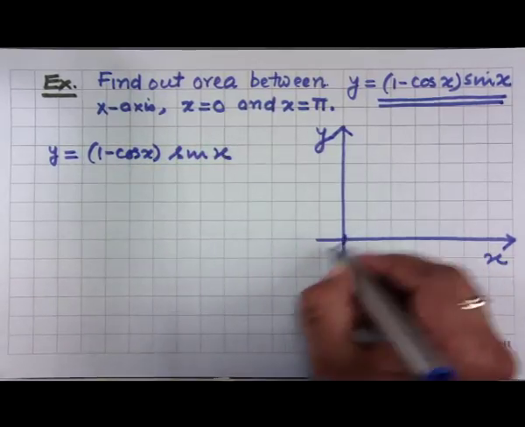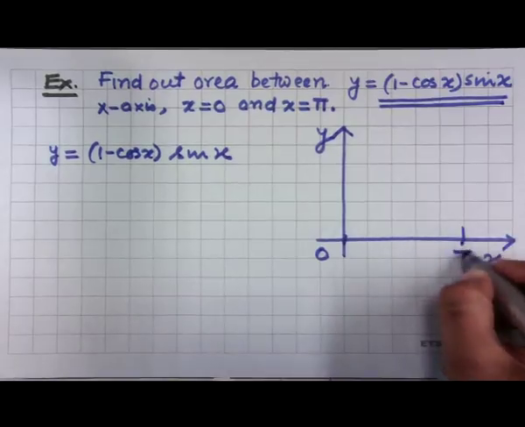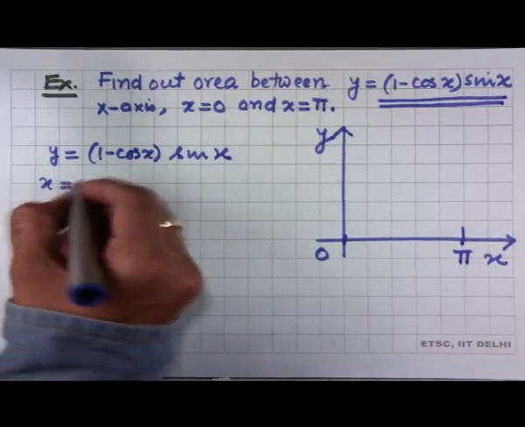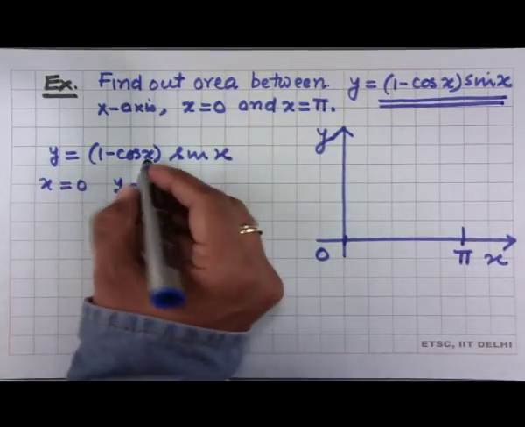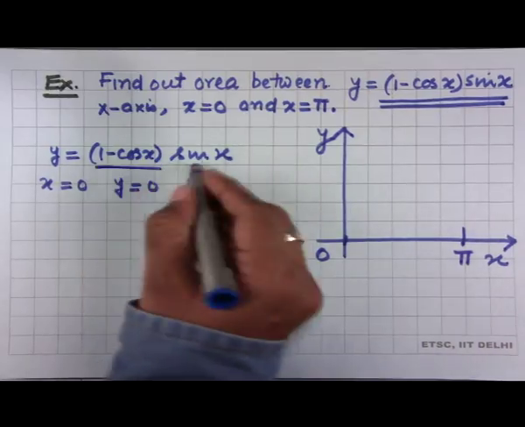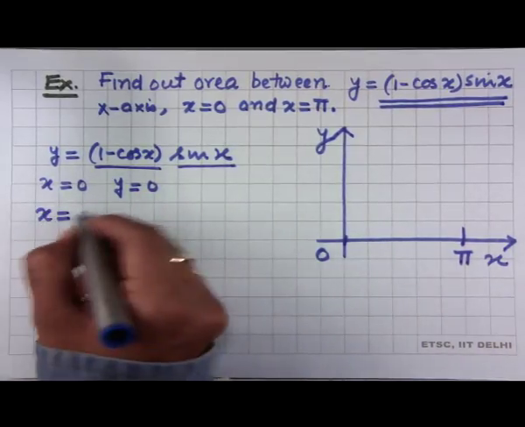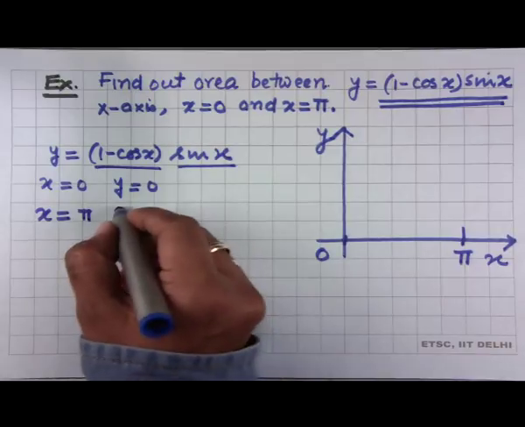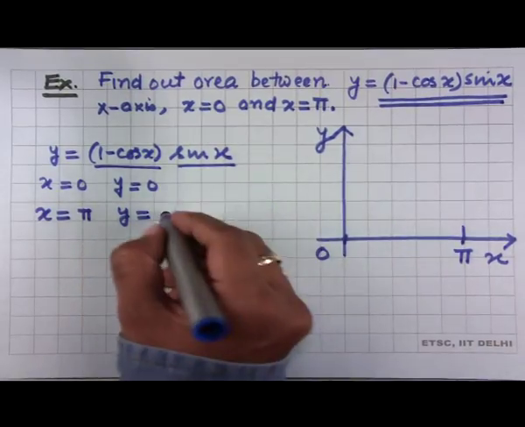Say this is 0, this is pi. At x equals to 0, y is 0 because of both the factors. At x equals to pi also, y is 0 because sin pi is 0.